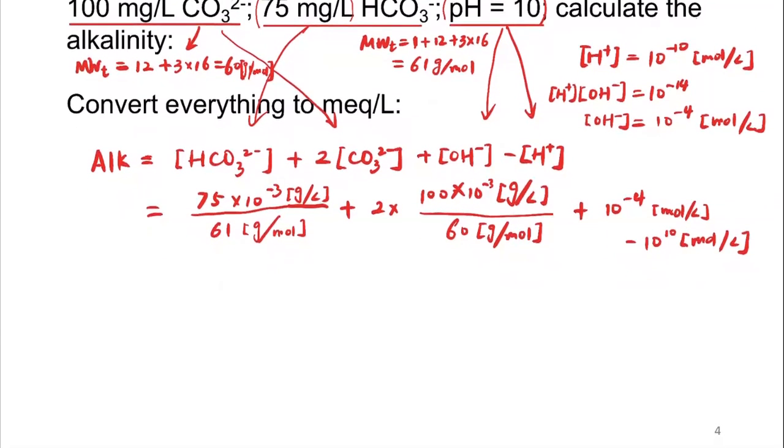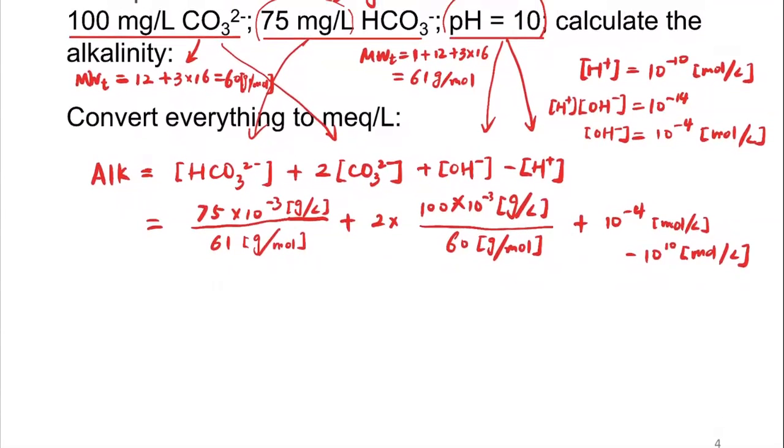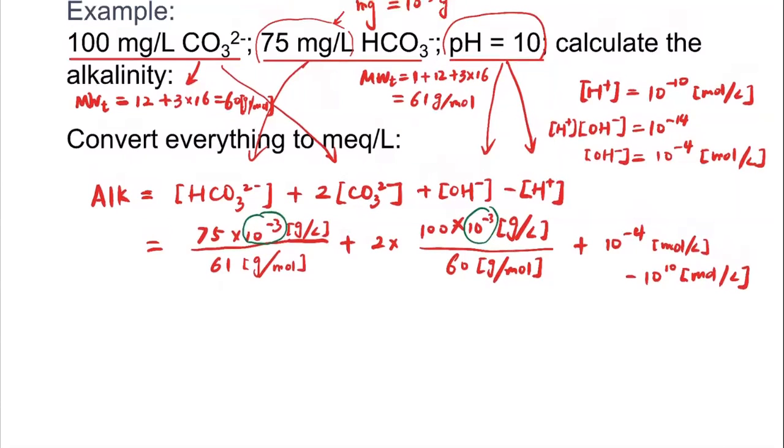Further, you see that quite a lot of these terms have this portion of 10 to the negative 3, right? So we can make use of the millimole per liter, or the milliequivalent per liter. This is the reason why we define this milli term in front.